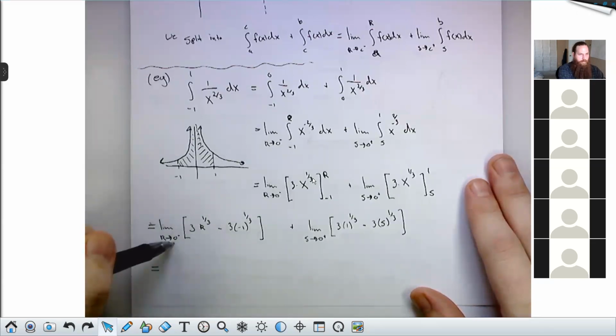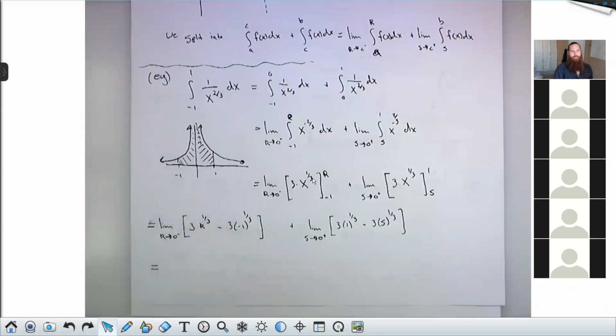Okay, so as r goes to 0 from the left, what does r to the 1/3 go to? What is the limit of this piece? So this is again going to come down to knowing our graphs.